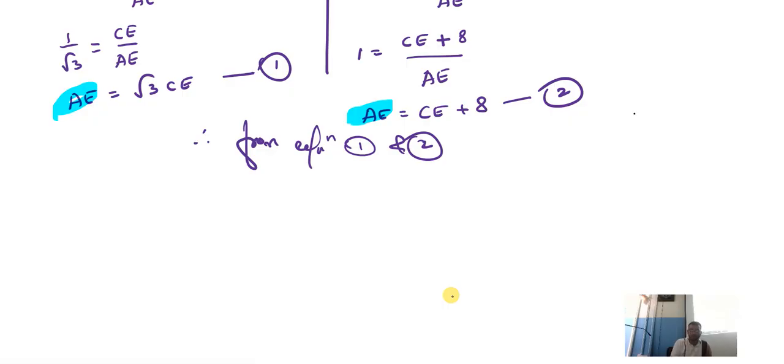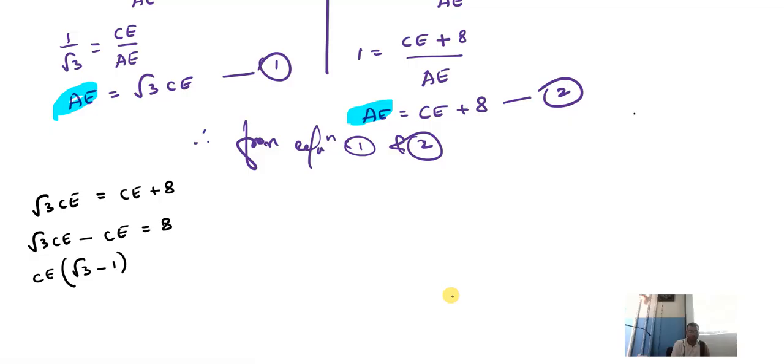Equation 1 RHS is root 3 CE is equals to equation 2 RHS is CE plus 8. Now root 3 CE I kept as it is, plus CE comes this side, minus CE, that is equals to 8. Now both the sides we have CE, so I took CE as common, then we wrote root 3 minus 1 is equals to 8.